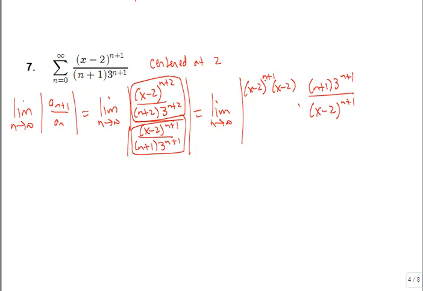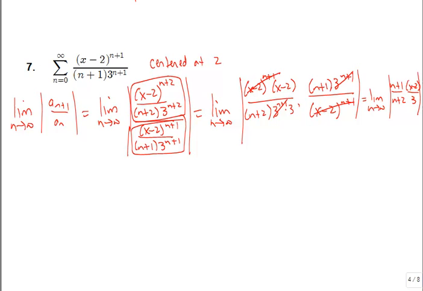I'm trying to make it so that this power here matches this one so that they will cancel out. On the bottom, I have that n plus 2, and then this 3 to the n plus 2 I can break up into a 3 to the n plus 1 times another 3. And that way these 3 to the n plus 1's cancel. So what we're left with is an n plus 1 over an n plus 2, and we also have an x minus 2 over a 3.